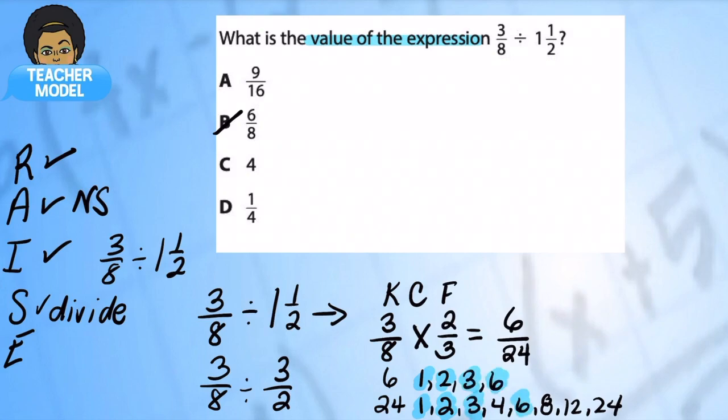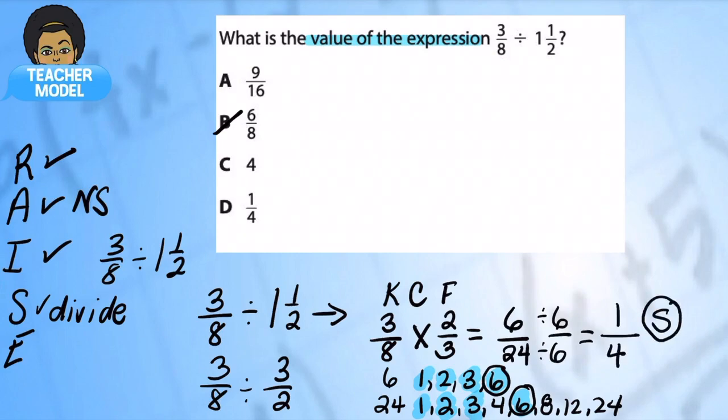So our greatest common factor is actually going to be 6. So you're going to divide both by 6, and I get 1/4. This is our answer in simplest form. So let's look at our other distractors. Our other distractor here was a 4. And we see our final answer here. 1/4, it completely matches our work.